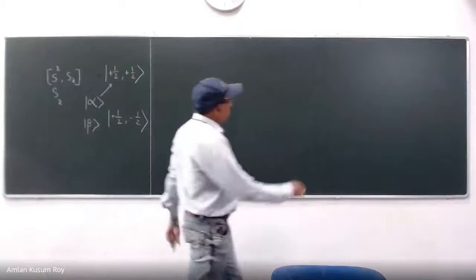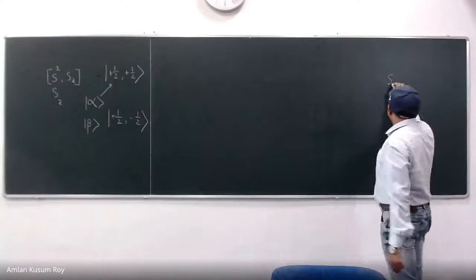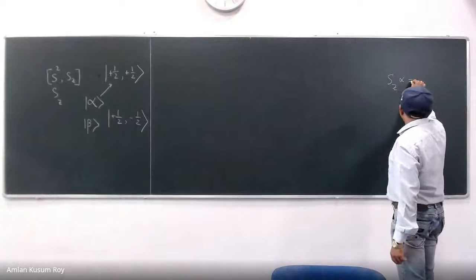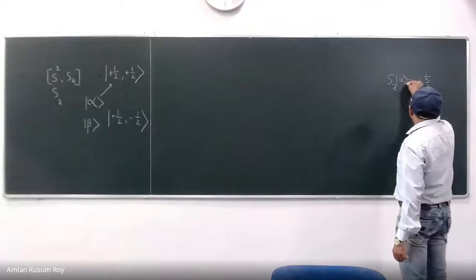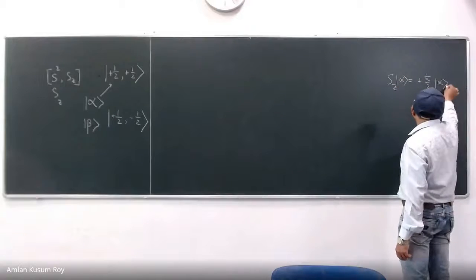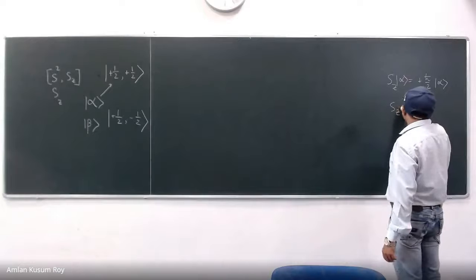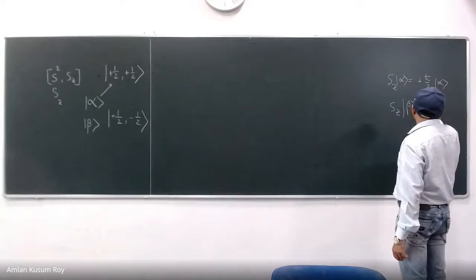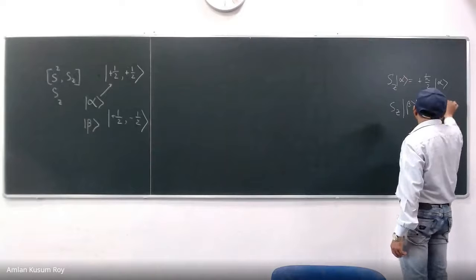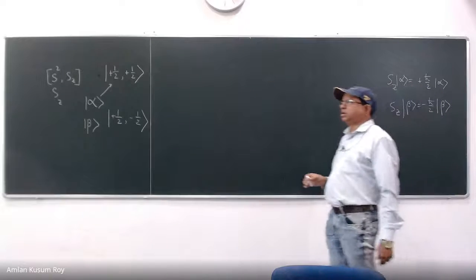That means Sz alpha is half h cross by 2 alpha. Let us understand these four equations correctly. Sz beta is equal to minus h cross by 2 beta. That's how we understand.